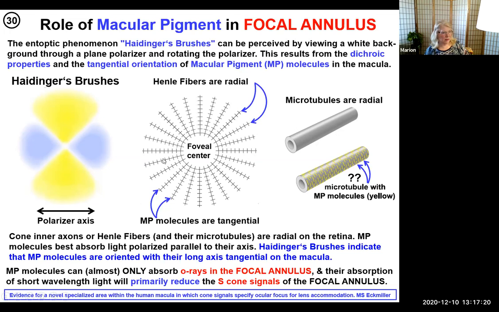So this is believed to indicate that the macular pigment molecules in the human macula are tangentially aligned in the fovea, and that they are associated within the Henle fiber layers, which are radial on the fovea, and the macular pigment molecules are somehow aligned perpendicular to either the axons and/or the microtubules within the axons.